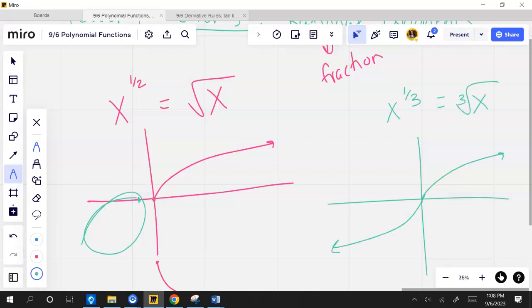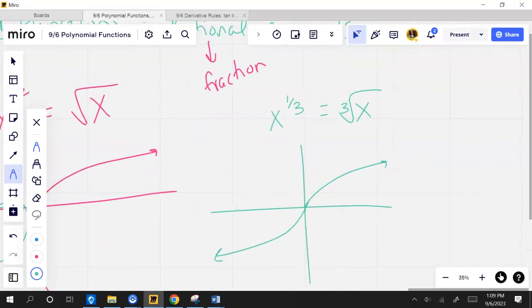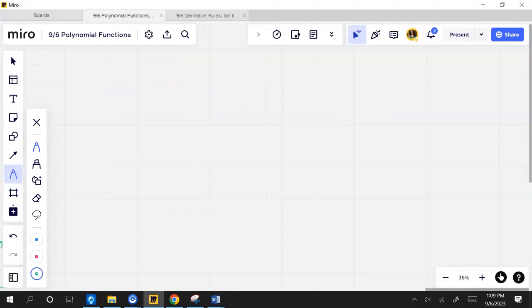Do y'all remember the rules on going between radical form and rational exponent form? Y'all are zoning on me. Are y'all okay? Go ahead, Delaney. Tell them. What would you have to do here? Sunshine.